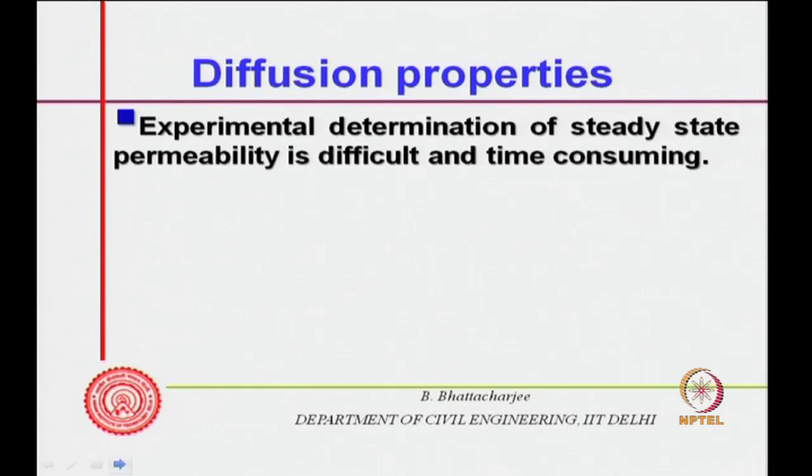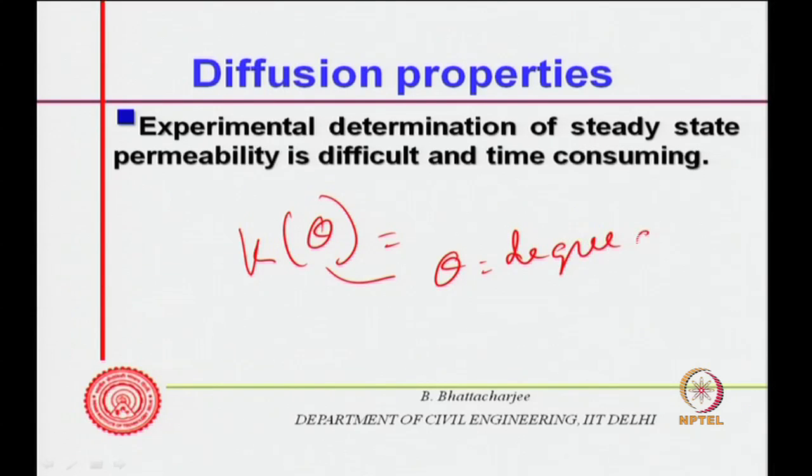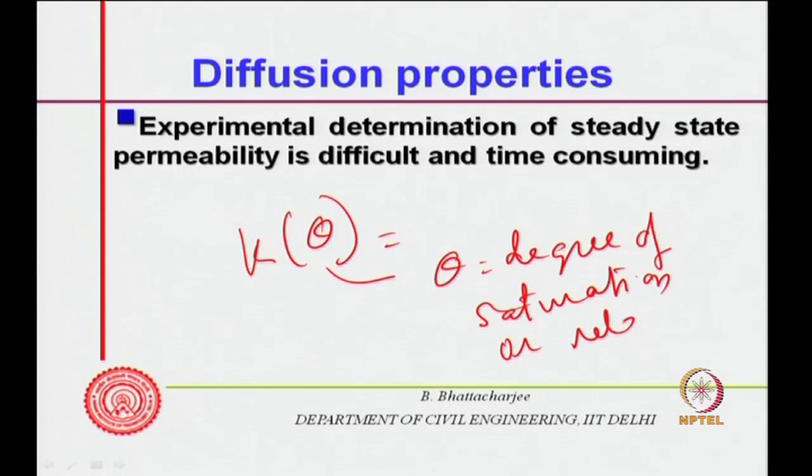So, these are the factors on which permeability depends, but you see experimental determination of steady state permeability is difficult and time consuming. In fact, in unsteady state it will vary with the degree of saturation. So, K in unsaturated state can be a function of theta, where theta is degree of saturation, or relative moisture content.